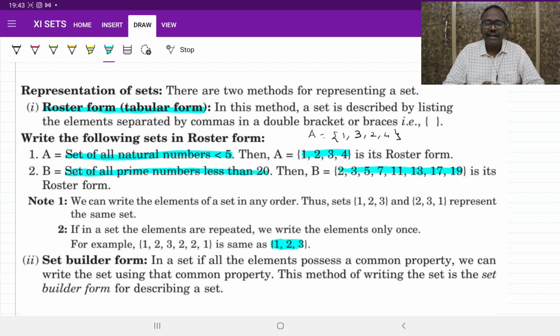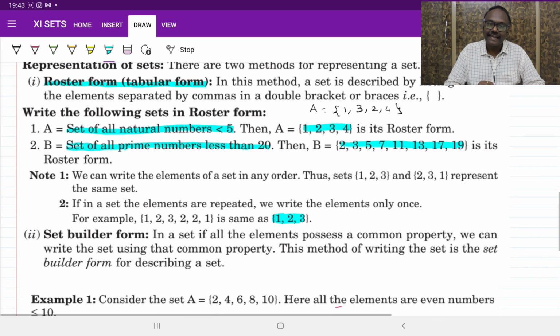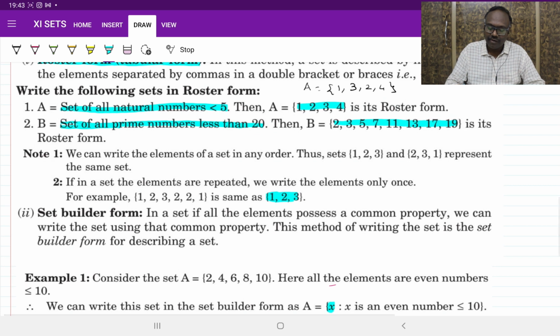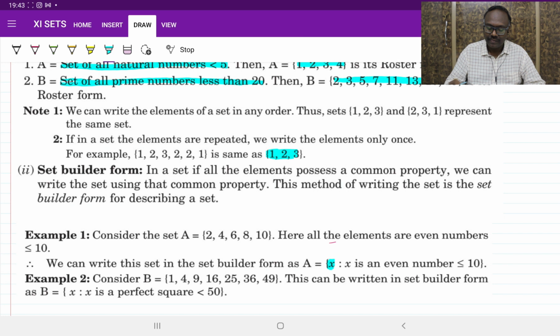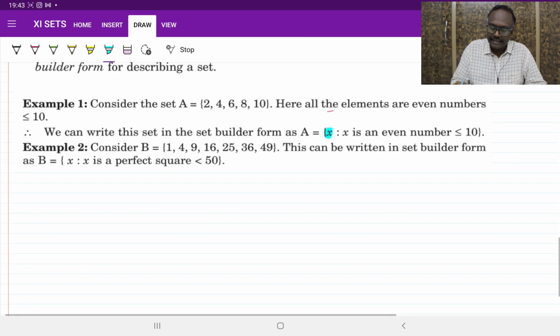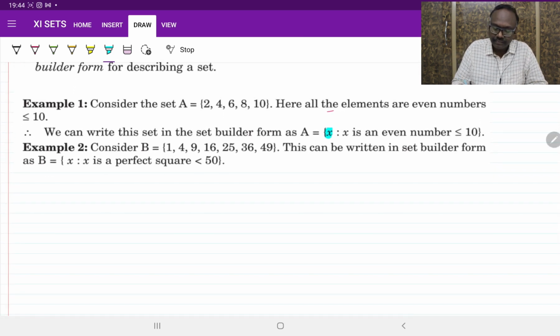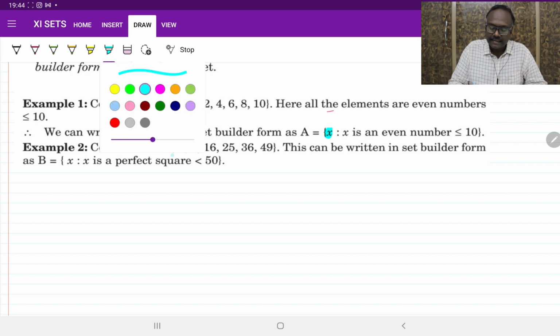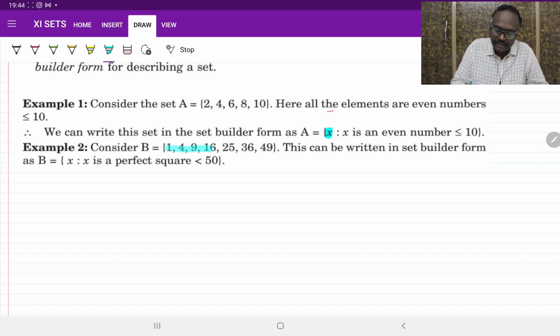The other way of calling the roster form is the tabular form. Right. Now let us come to the next form, that is the set builder form. In the set builder form, what we do is we write a common property associated with all the elements of the set. Let us take a small example. Consider a set B containing the elements 1, 4, 9, 16, 25, 36 and 49.